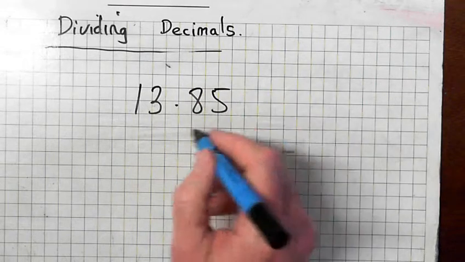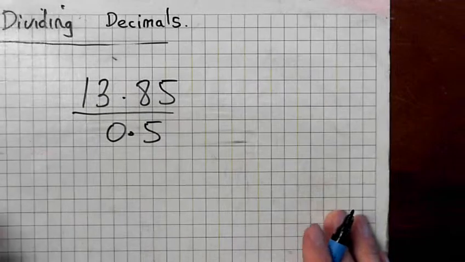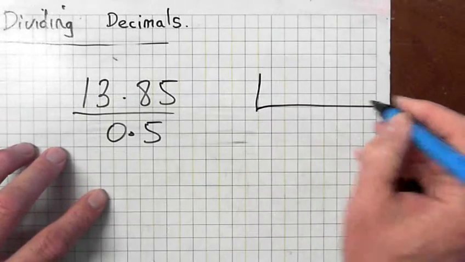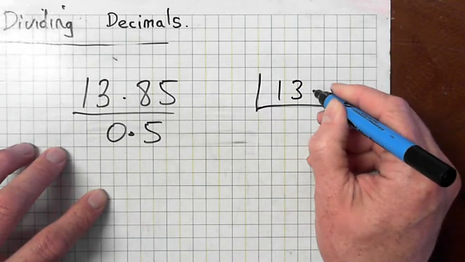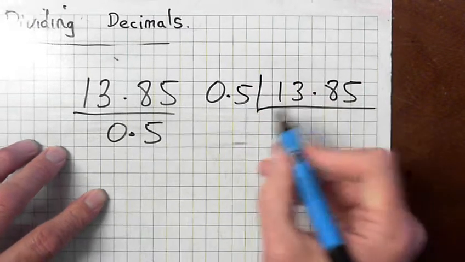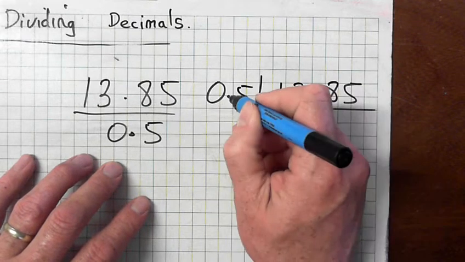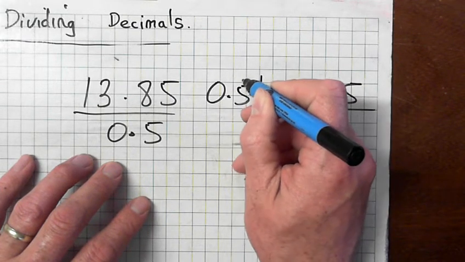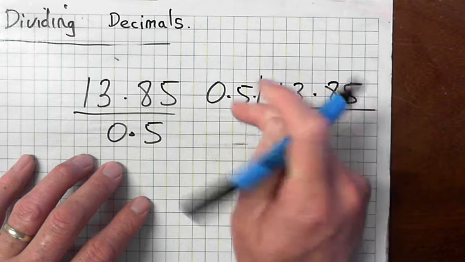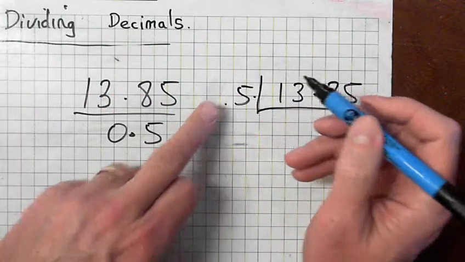13.85 divided by 0.5. Now I'm going to do the same thing. Now, what number can I make that? I can move the decimal point to there, making it a 5. So I moved it 1 place to the right.